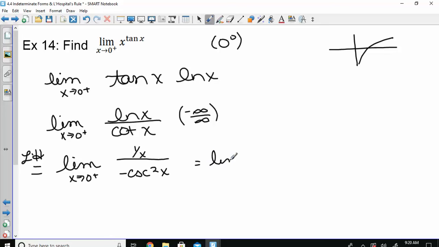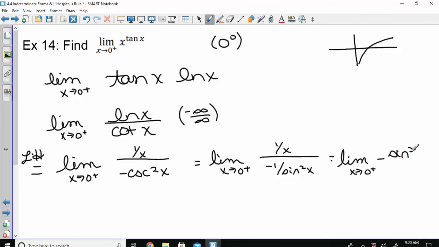Alright, I want to clean this up some. Negative cosecant squared is like negative 1 over sine squared. So if you flip and multiply, you get a negative sine squared x over x. So what now? Still 0 over 0, so we have to do L'Hopital's again.